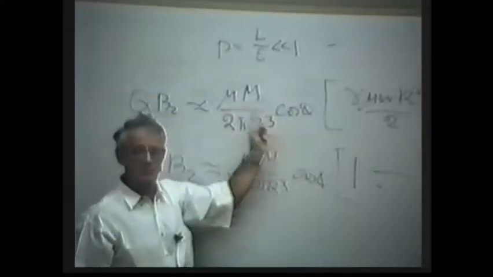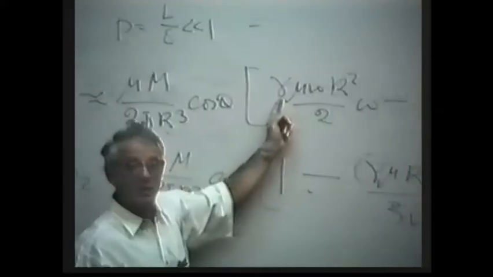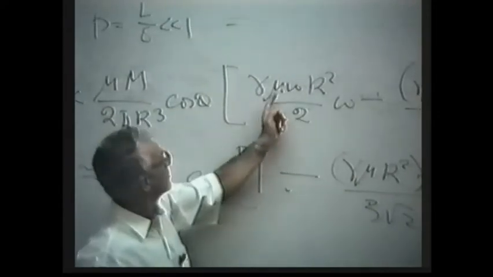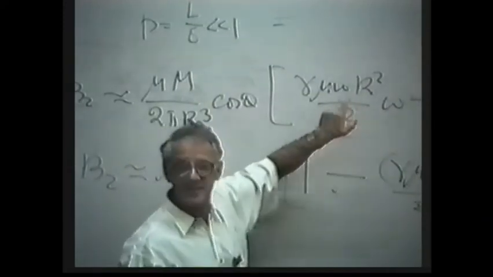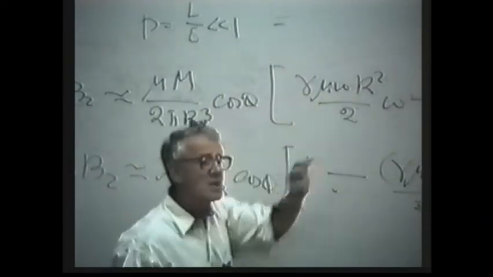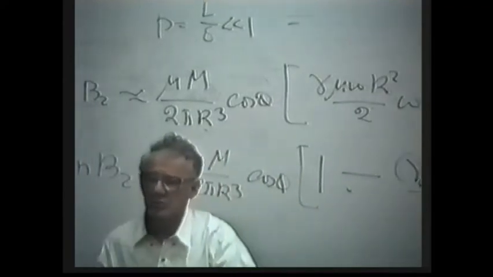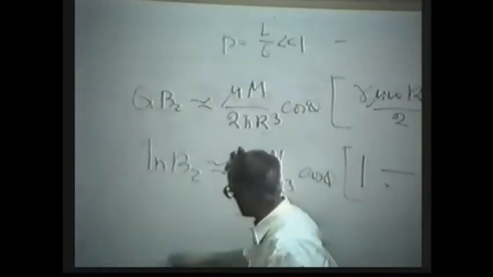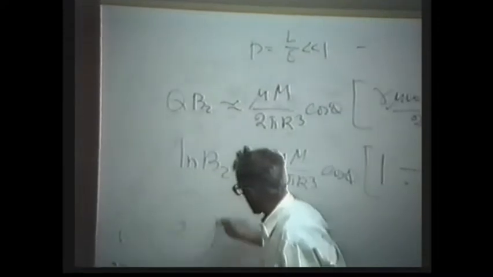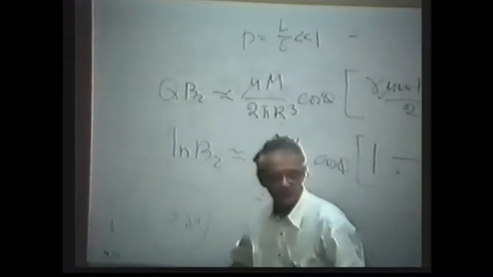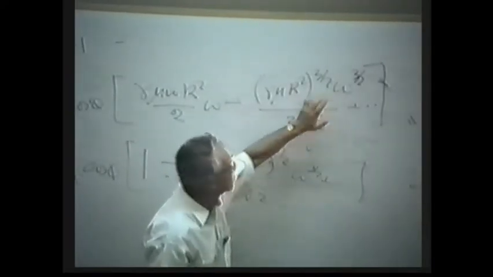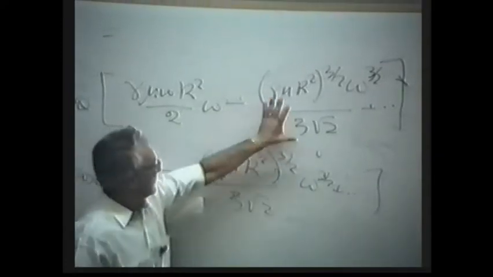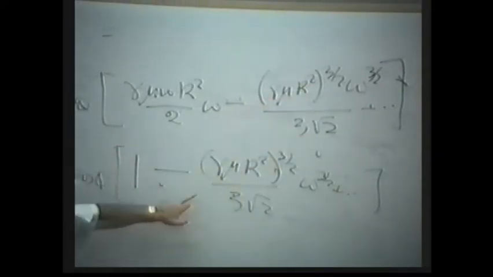Primary field times gamma mu omega. Always it takes place. Why? This leading term is due to, remember, the current I naught. Then there is a correction factor, very small, very small. Let us forget about this term and look here.